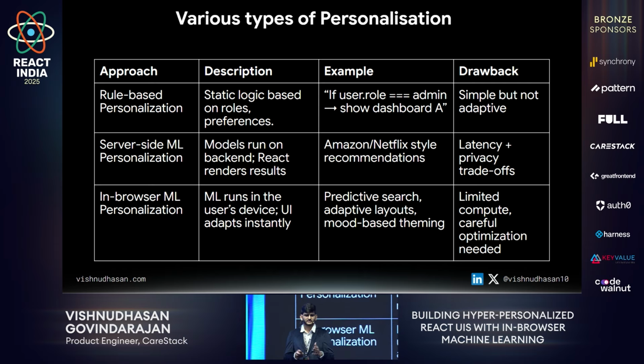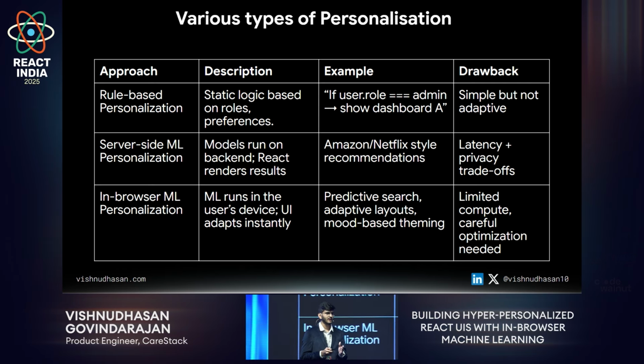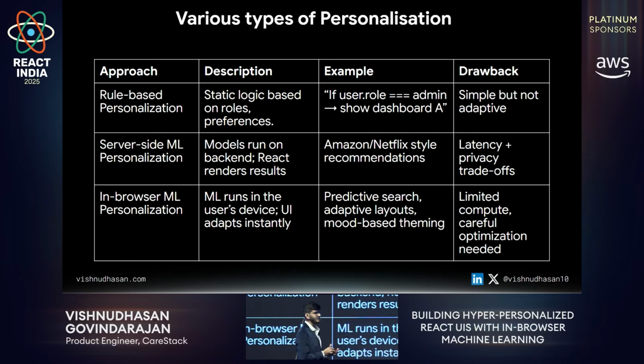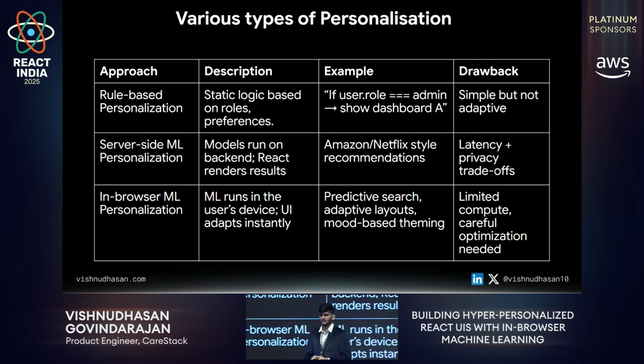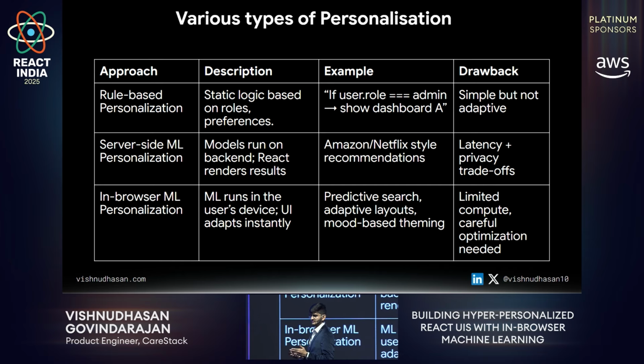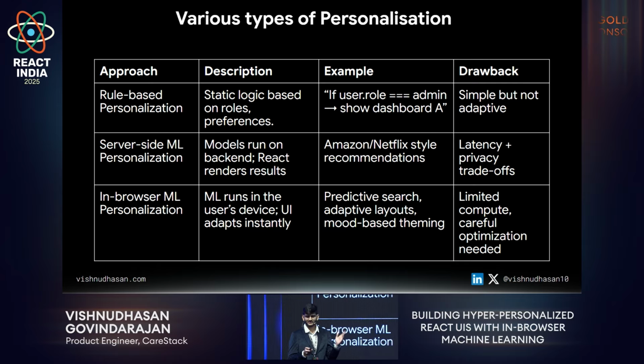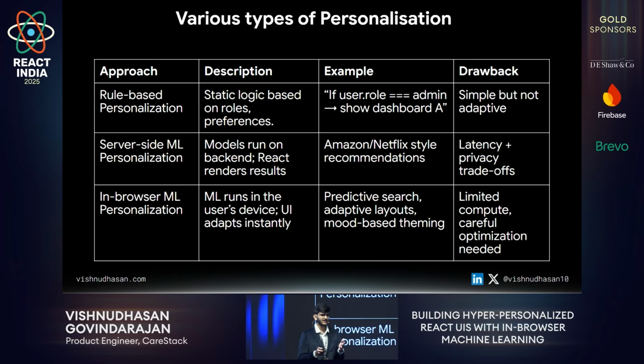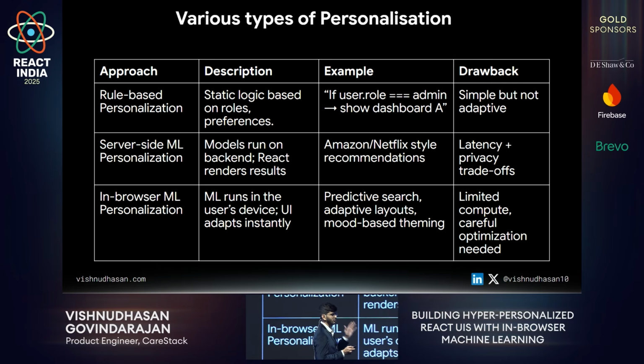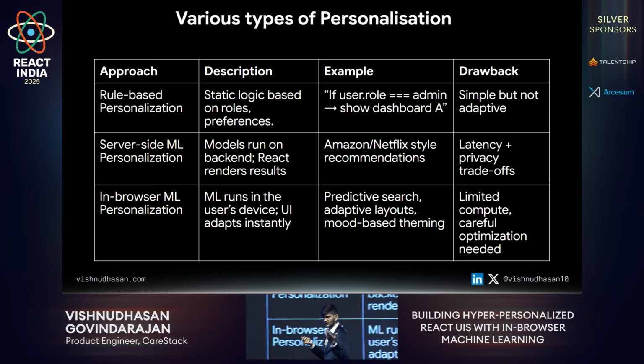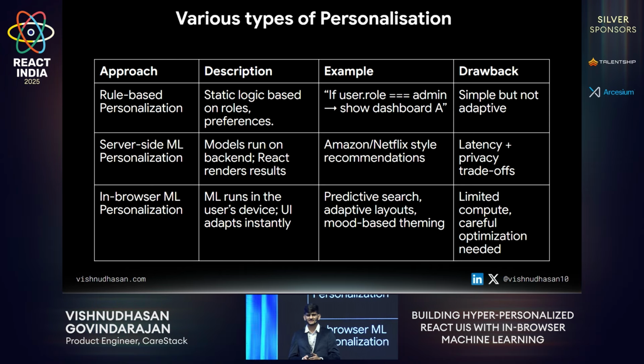So there are various ways with which we can achieve hyper-personalization. The first one, the obvious thing, rule-based personalization. This is something everyone would have done. We can show dashboards based on rules, based on feature toggles. But we cannot call that adaptive UI.